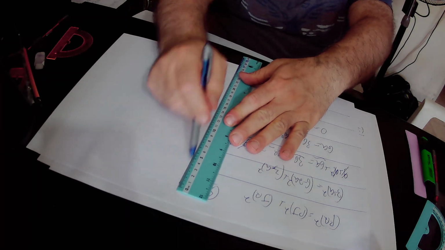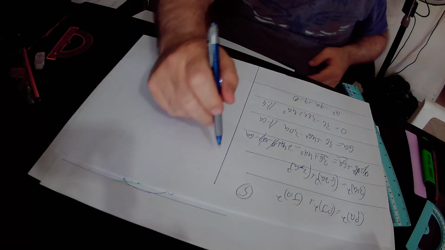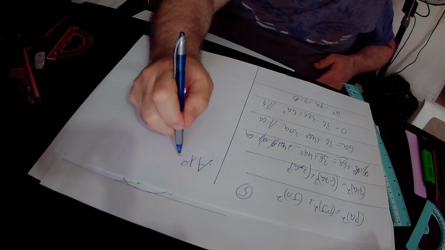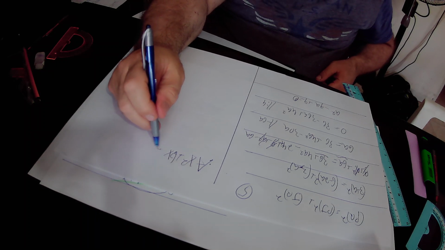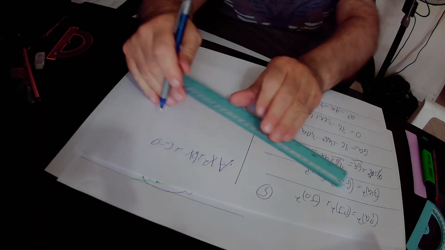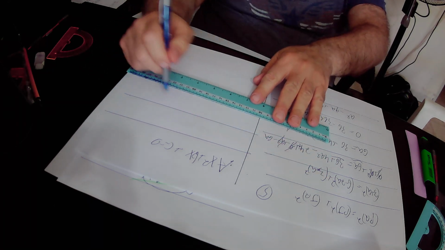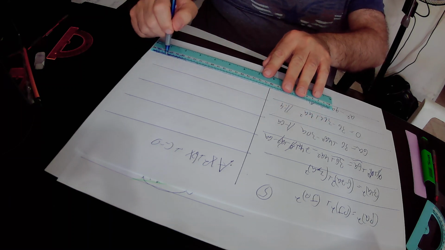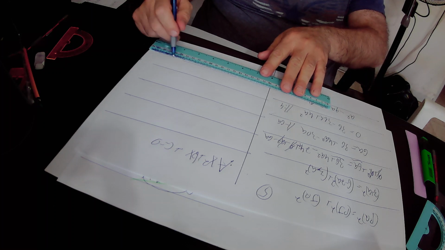So actually, this is a quadratic equation, and the general formula for a quadratic equation is ax squared plus bx plus c equals 0.